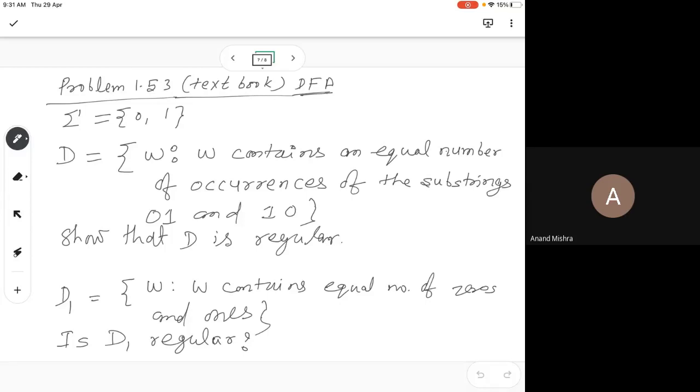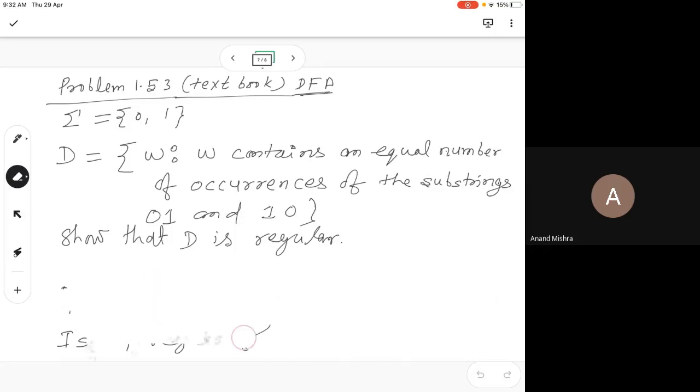But the first language also looks very similar to the second language, right? So D and D1 look very similar. How come D is regular and D1 is not? So we'll see. Let's try to understand D a little bit more. So let's first say what is there in this language.